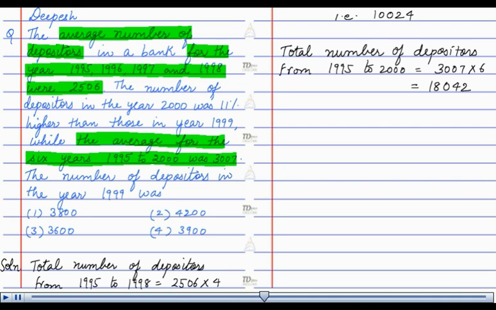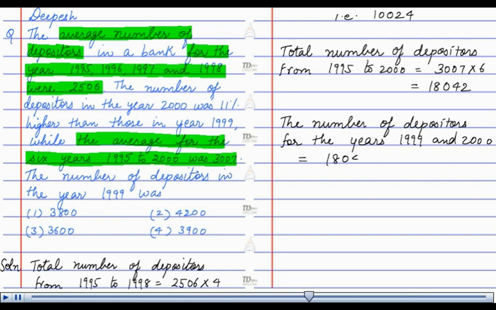Therefore, the number of depositors for the years 1999 and 2000 will be given by 18,042 minus 10,024, that is 8,018.